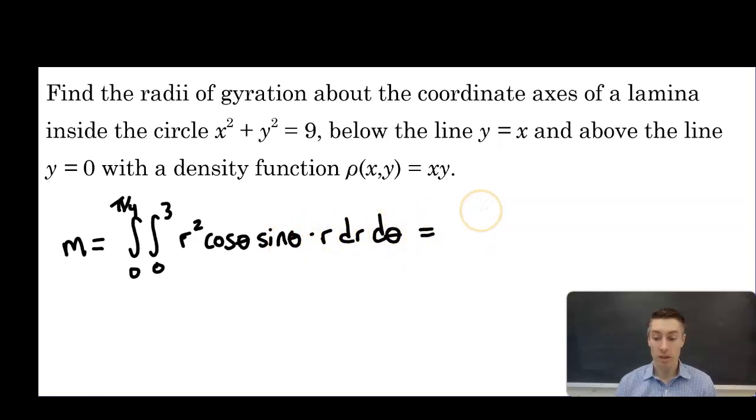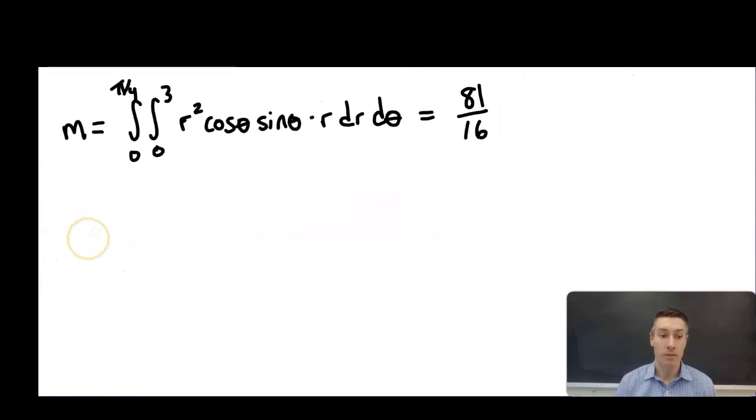And again, similar theme to this video, let's not do all of the integration out. This would give us, I wrote this ahead of time, 81 over 16. It's separable, same steps as before, but now that we have that value, let's focus on the more relevant conversation.